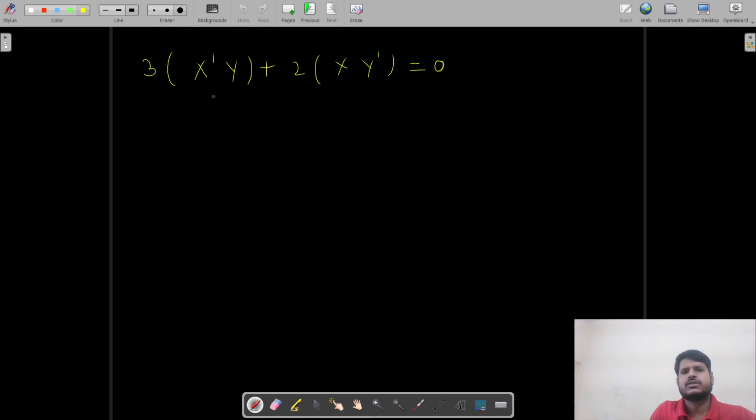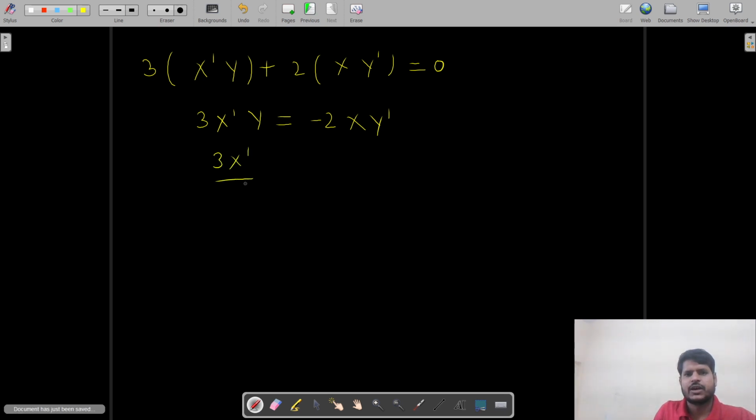So this is what now we can just solve. We will put the terms of x on one side and y on the other side, right? So we can write here 3 X dash Y is equal to minus 2 times X Y dash. Also we can write 3 X dash upon capital X is equal to minus 2 Y dash upon Y, right?